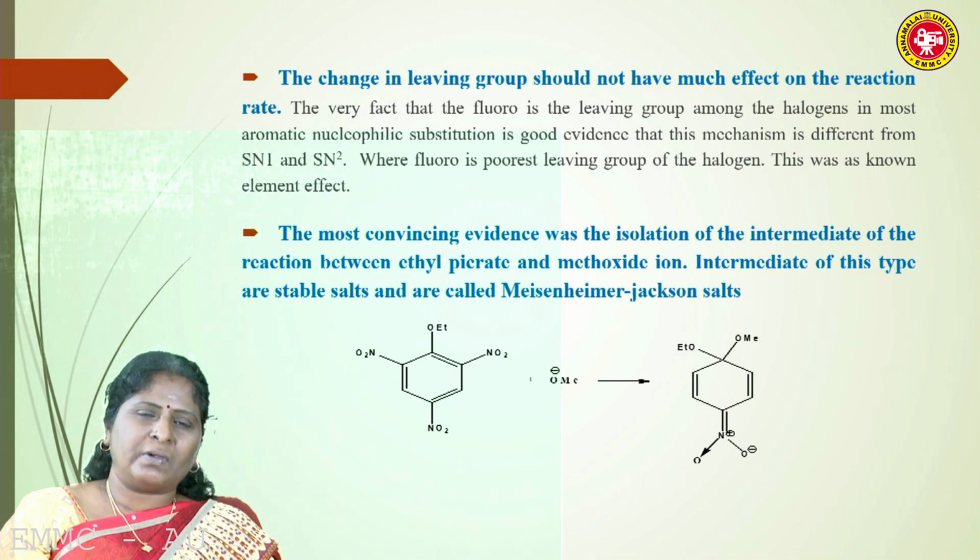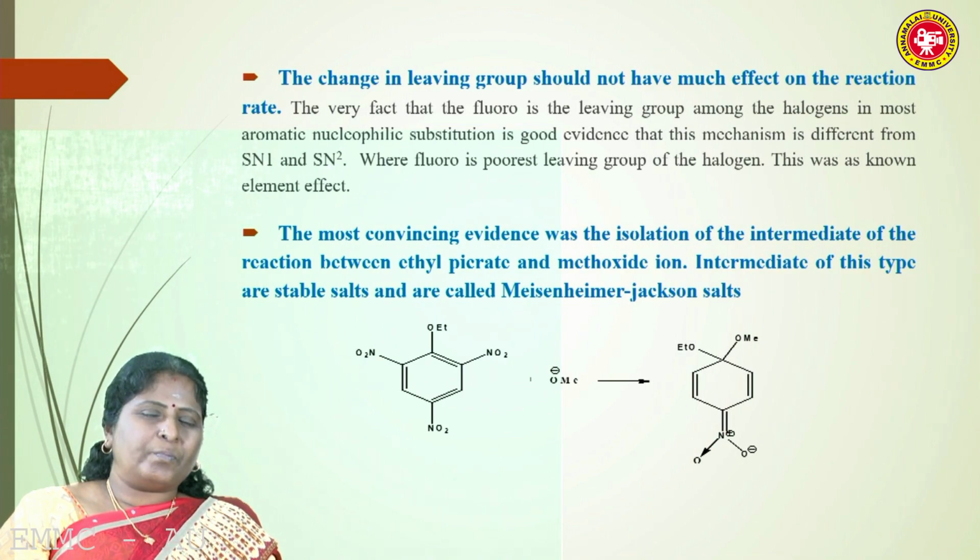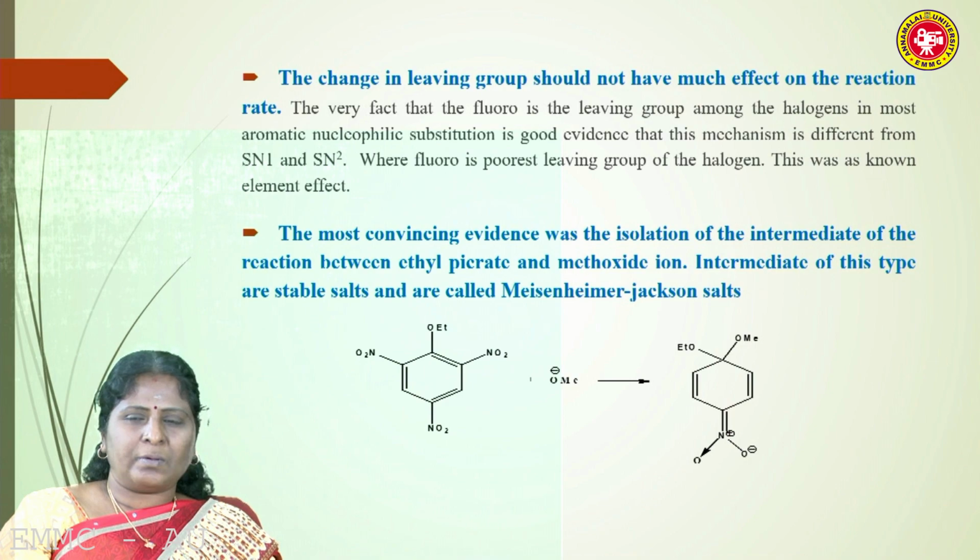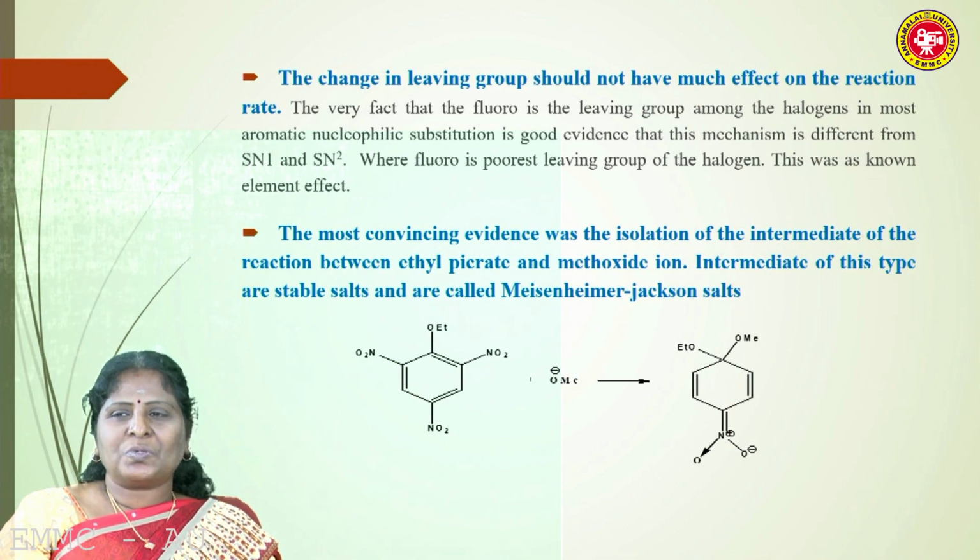In SN1 and SN2 mechanisms of aliphatic substrates, the poorest leaving group is always fluorine. But here it is the best leaving group. This shows that this mechanism is completely different from SN1 and SN2, and there is an element effect.